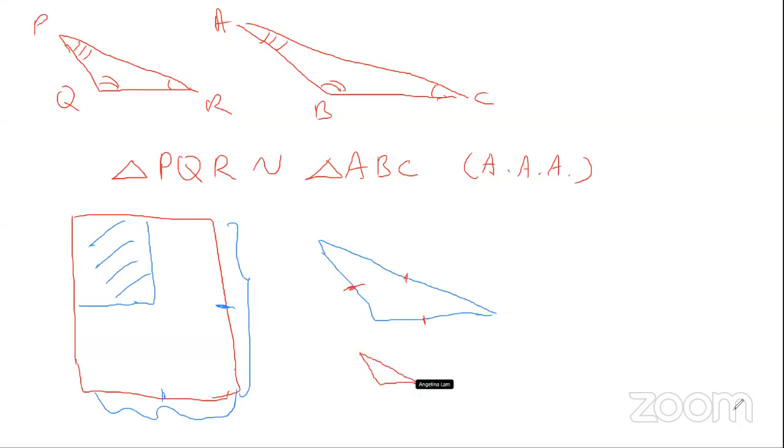For example, if the original bigger triangle has sides 8 cm, 6 cm, and 5 cm, and the other one has 4 cm, 3 cm, and 2.5 cm, then you can see that I make the triangle smaller by shortening each length to 1/2.